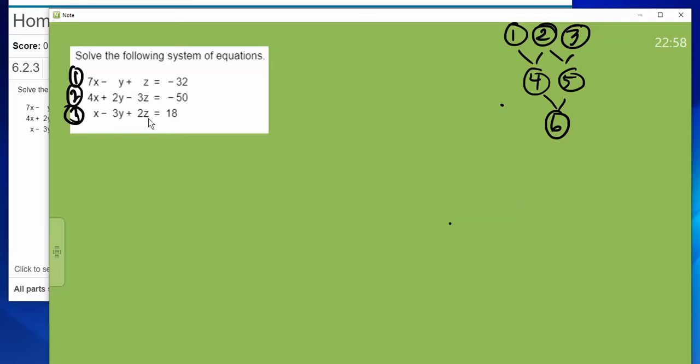So let's get rid of z this time. So I'm going to use 1 and 2 to get rid of z. And to get rid of z, I need to multiply equation 1 by 3. So I get 21x minus 3y plus 3z equals negative 96.